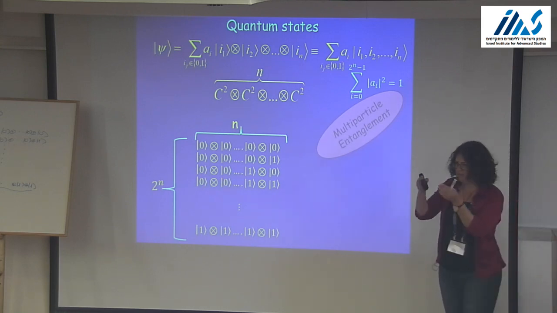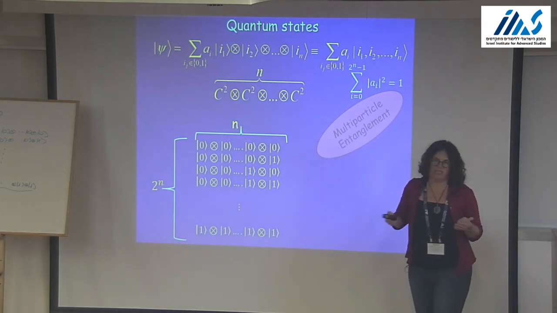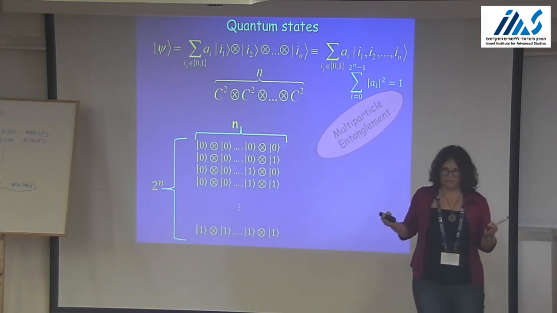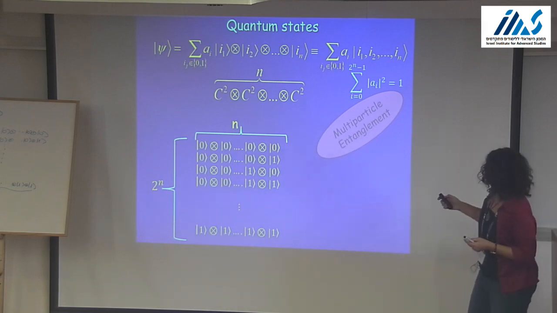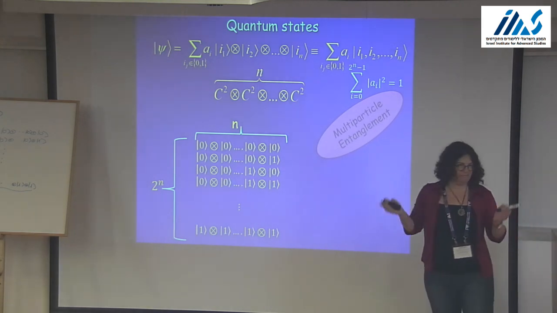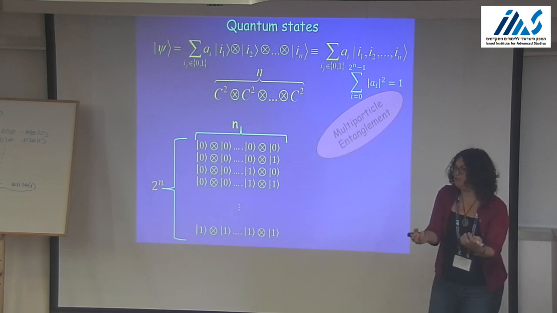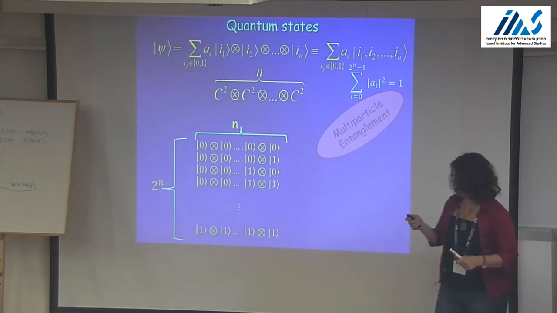If you just refer to states which are not entangled, which are tensor product states, you can describe them by a linear size description. And understanding the nature of multipartite entanglement, this is the whole field. It's trying to give us some handle to understand what's going on with such states.